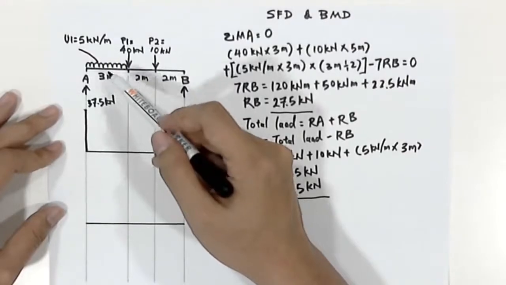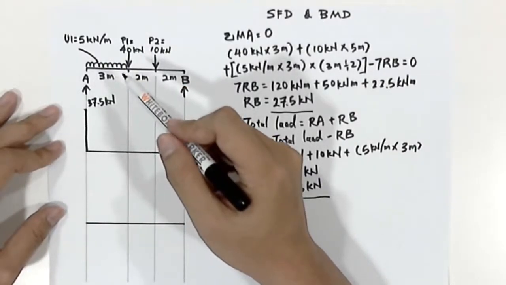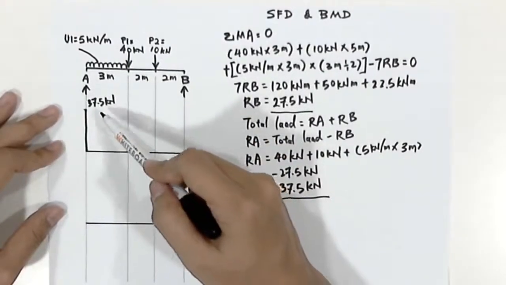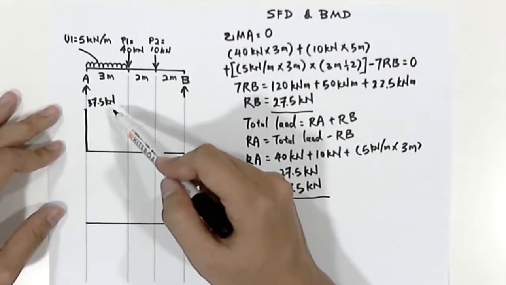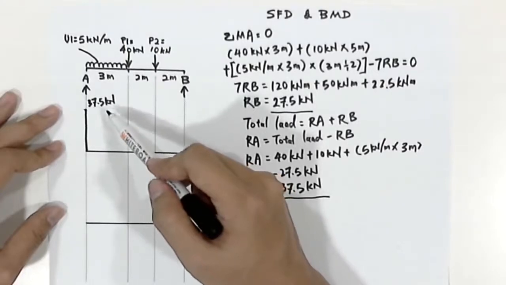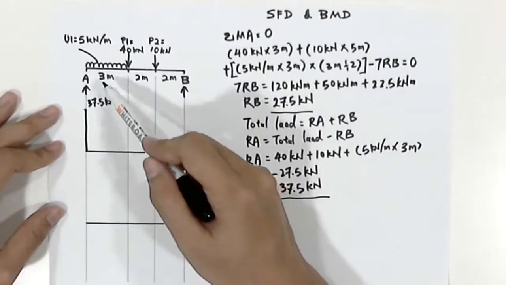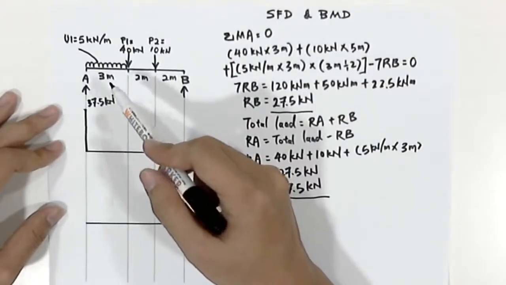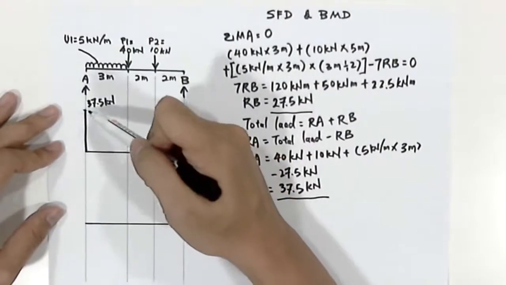So we have a force of 15 kilonewton. Therefore the value 37.5 kilonewton will be deducted with the number 15 kilonewton.